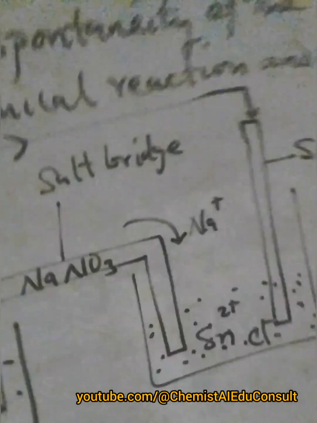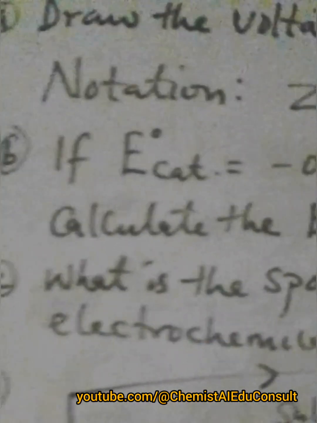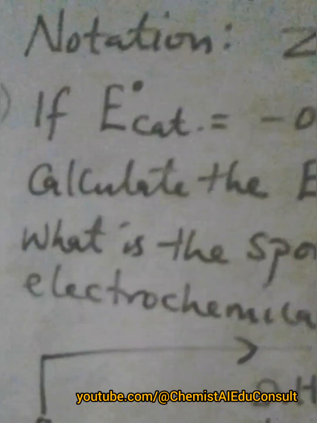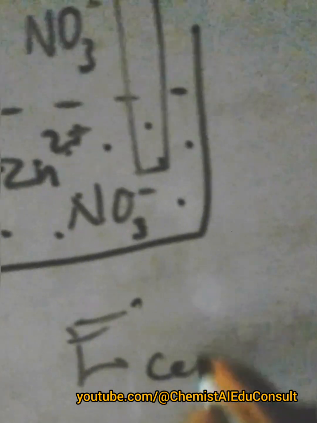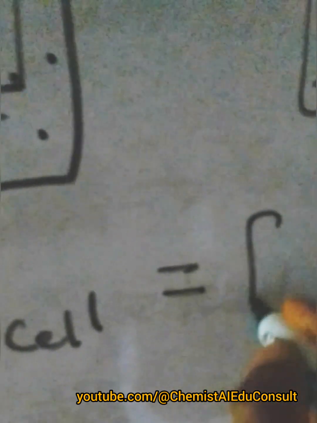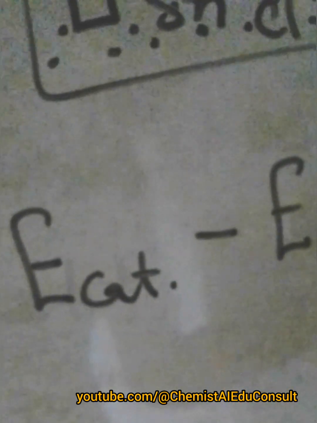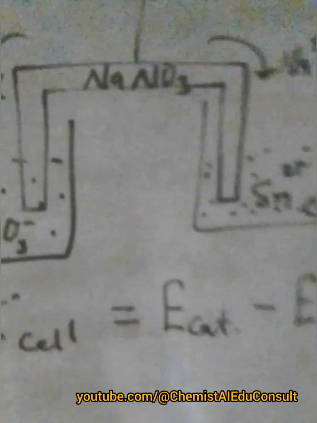So we come to the calculation. This is 1A. 1B says if the E cathode is this and E anode is this, calculate E cell. The electromotive force of the cell is equal to the electrode potential of the cathode minus the electrode potential of the anode.